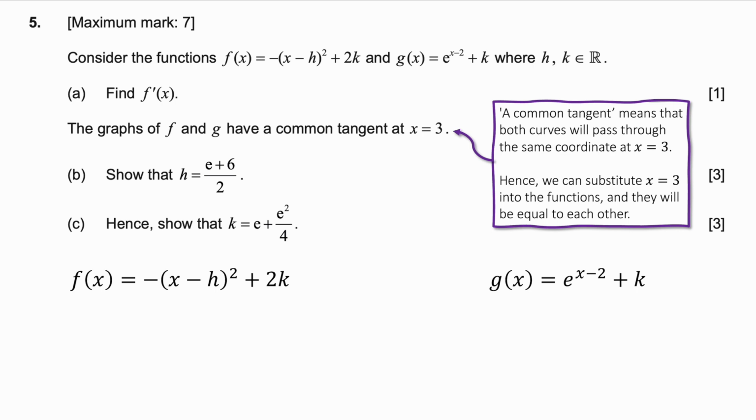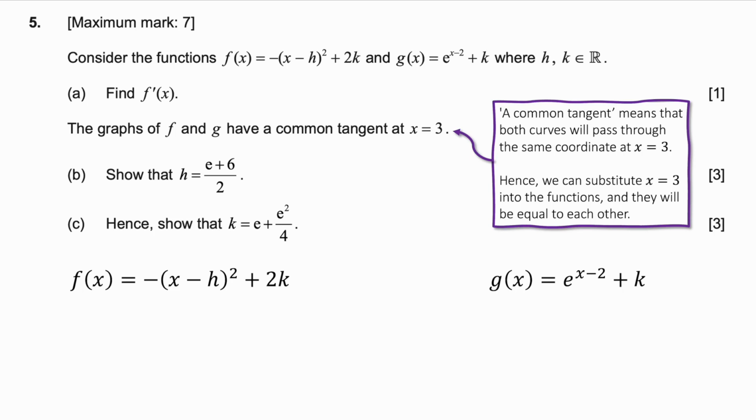Now hence show k equals e plus e squared over 4. And we have to use the information that they have a common tangent again. When they have a common tangent at x equals 3, that means they also go through the same coordinate. So we already know they've got the same gradient, they also must go through the same coordinate as well. And that means they'll have the same y coordinate, or the same value at x equals 3.